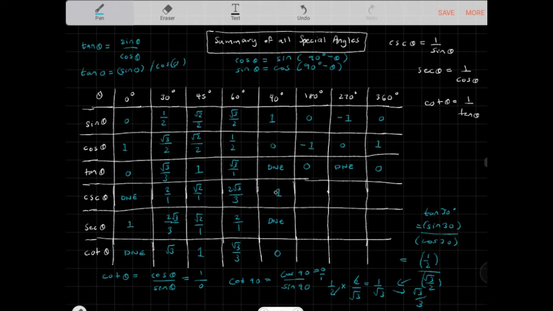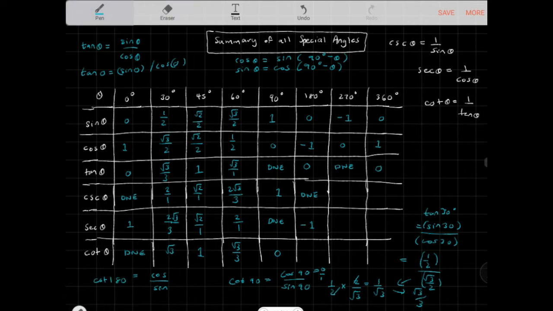And then we can figure out the rest. So cosecant doesn't exist because it's 1 over 0. Secant here will be -1, and then cotangent, let's do it out here. Cotangent 90, sorry, cotangent 180, just erase this out.